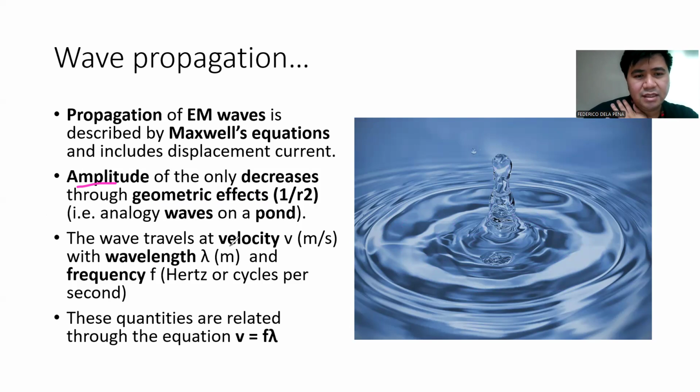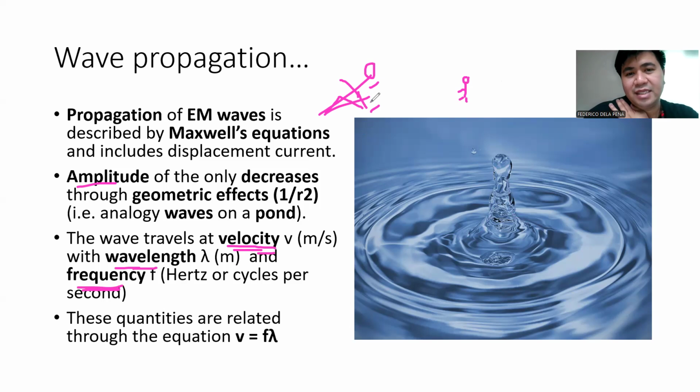And waves travel at a velocity with a wavelength and frequency. You can imagine the velocity as the speed of a person running. Wavelength is like the stride of the person who's running. So if your person is long-legged, they can have a big wavelength. If the person is short-legged, they will have a shorter wavelength.